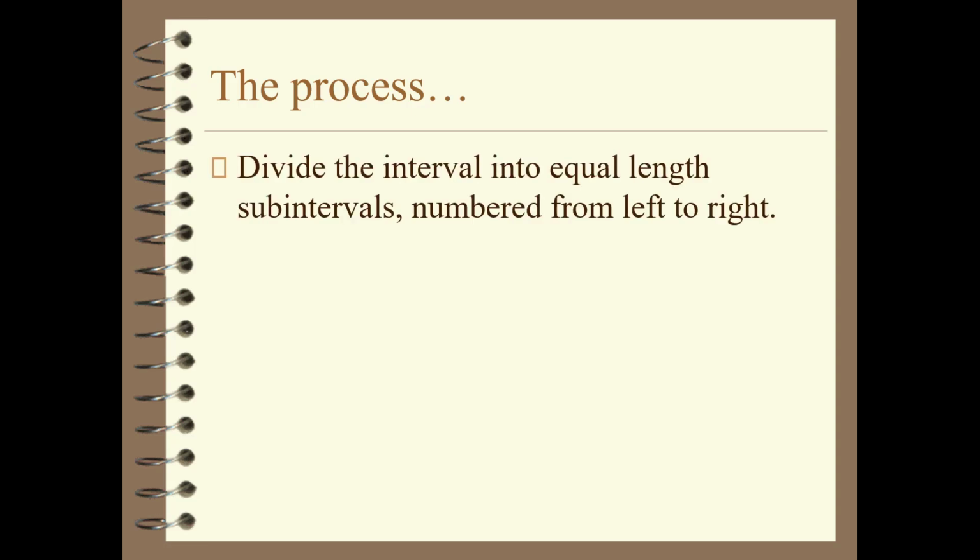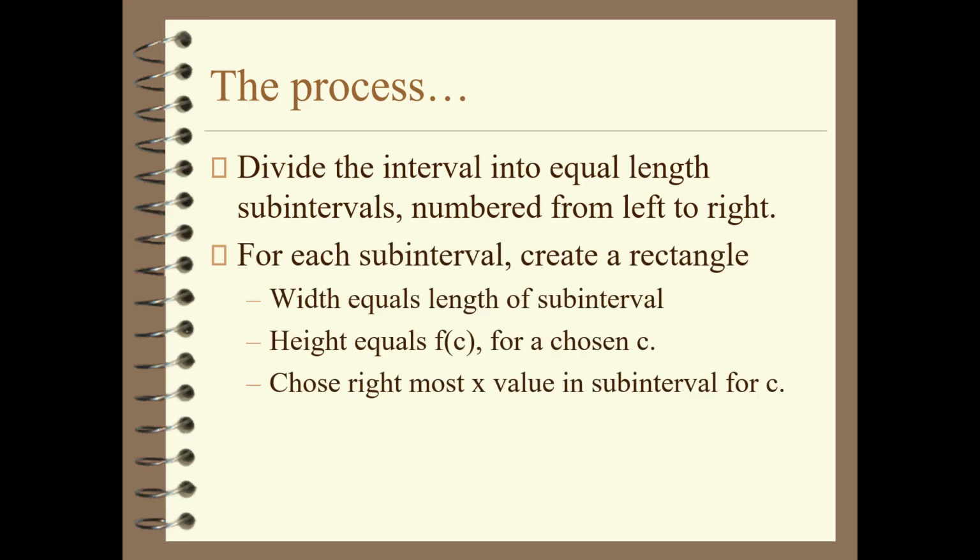So the first thing we'll do is take the interval of the x-axis over which the region is above. We'll break it into equal length subintervals, numbered left to right. So we'll have a first, a second, a third, and so on. For every one of these new subintervals, we will create a rectangle above it. The width will equal the length of the subinterval.